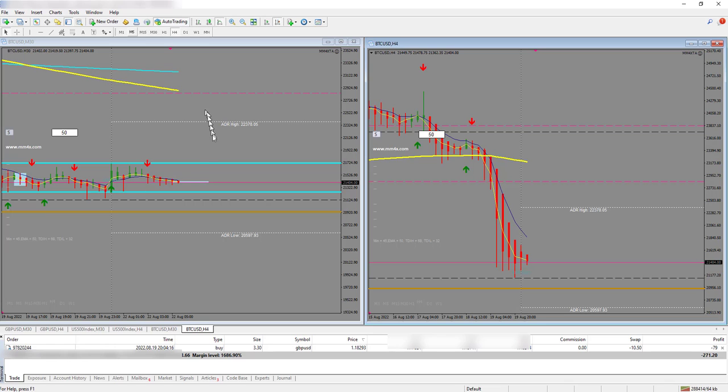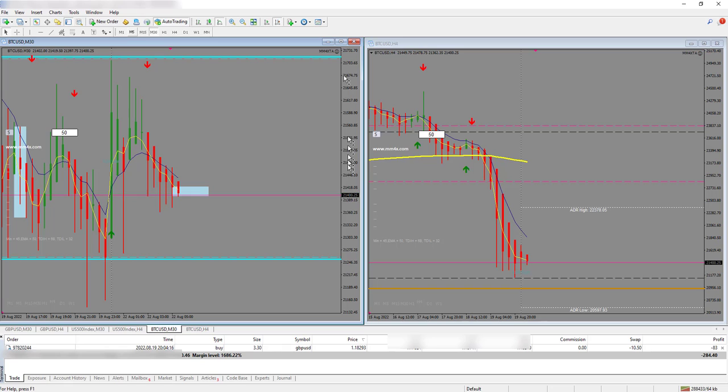If it can get above 21,724, I will look to buy BTC USD, and take it up to the super low of the month, somewhere near 22,726. So that is my bias, my analysis forecast for the GBP USD, US500, and also BTC versus the US dollar.